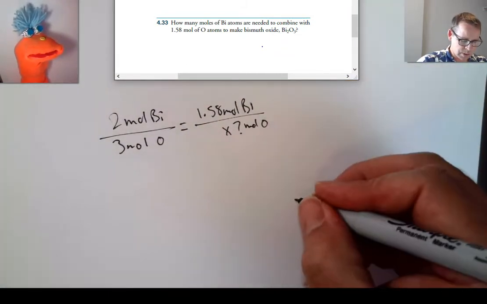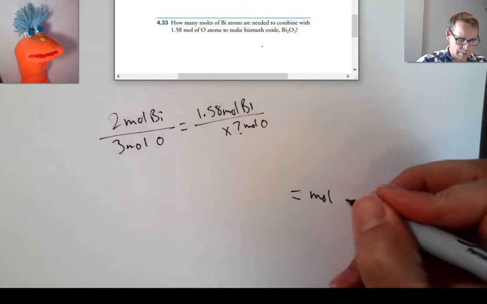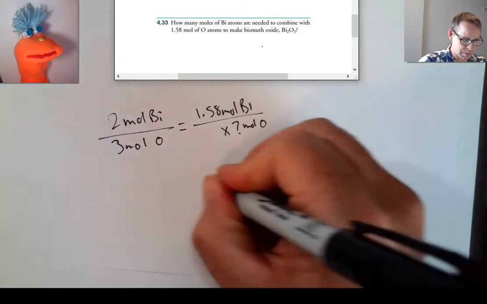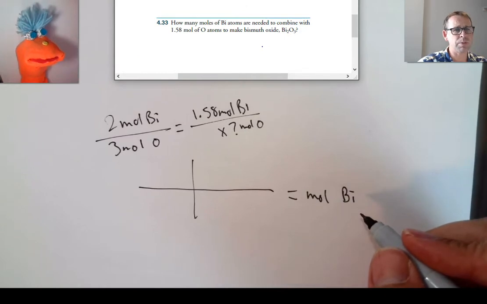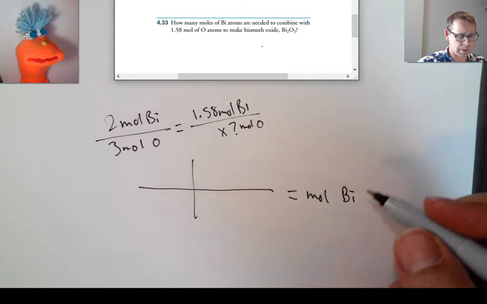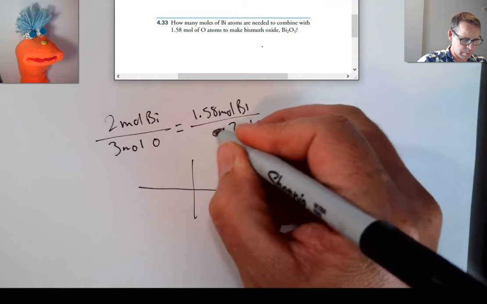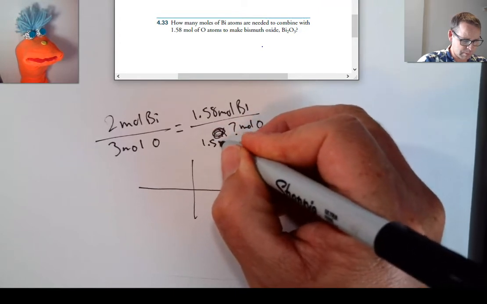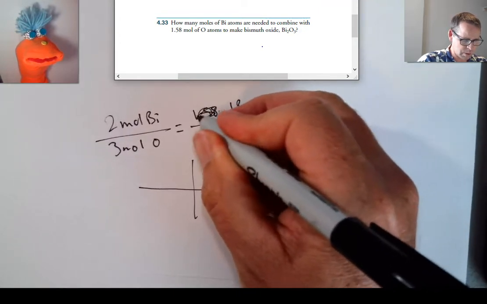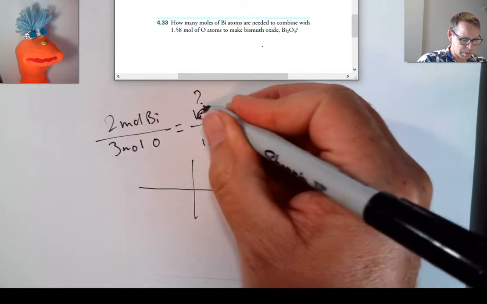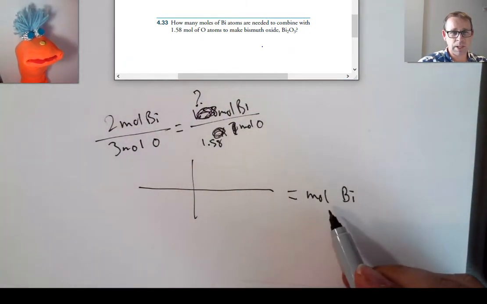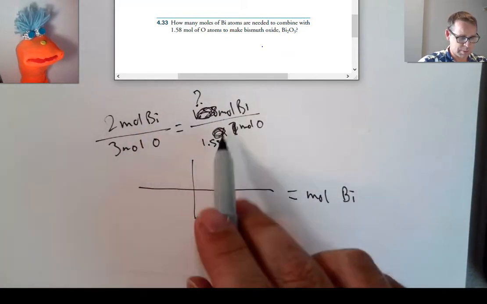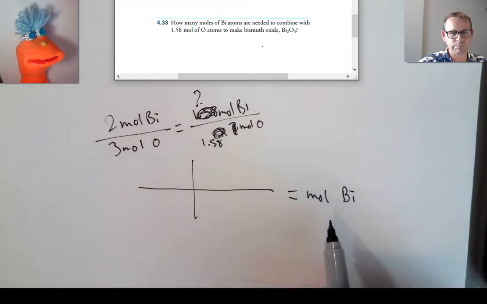The other way to do this is to write, to the right of our equals sign, moles of bismuth, and say, wait a second, how many moles of bismuth are needed to combine with 1.58, oops, I put the 1.58 in the wrong spot here. This 1.58 moles of oxygen would go here, and we'd be solving for moles of bismuth up there. So the other way to do it, again, see, that's the danger of this because we wrote it down wrong.